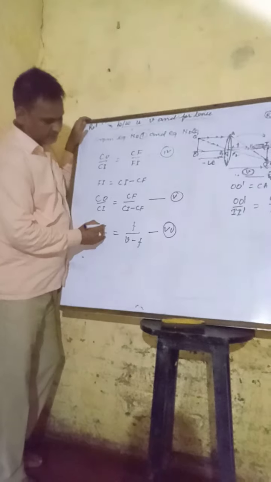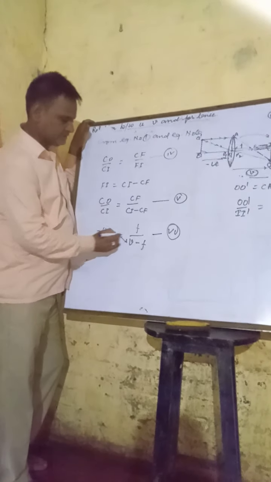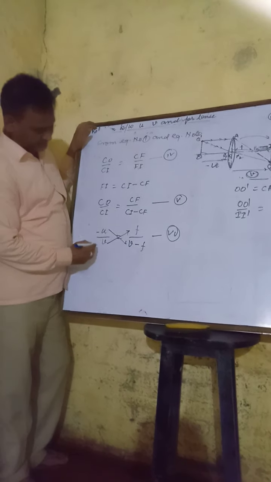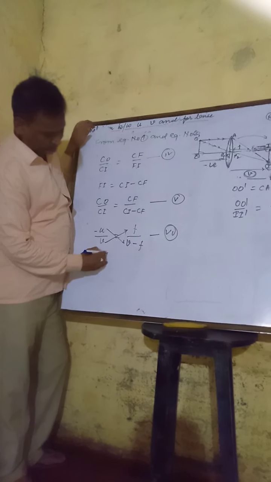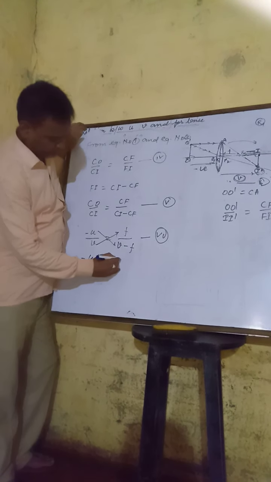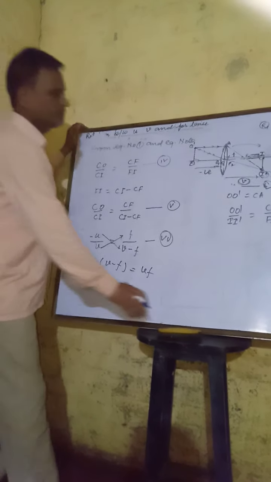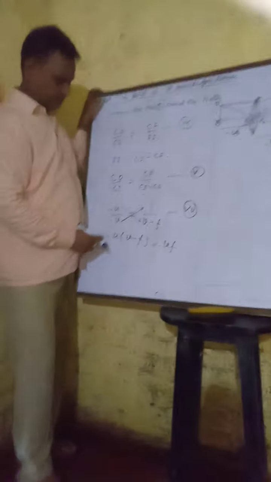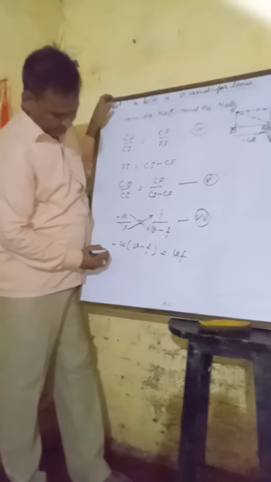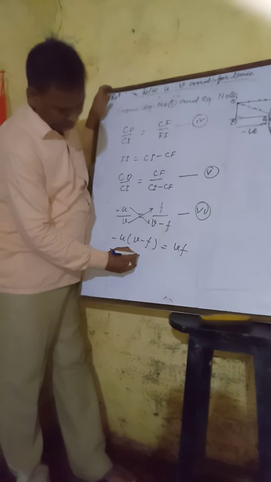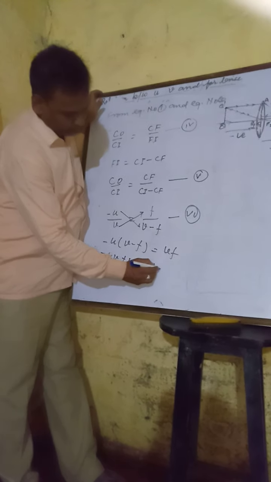If we cross multiply these, then in the further step we will find minus u into v minus f is equal to vf. If we multiply, then we will find minus uv plus uf is equal to vf.